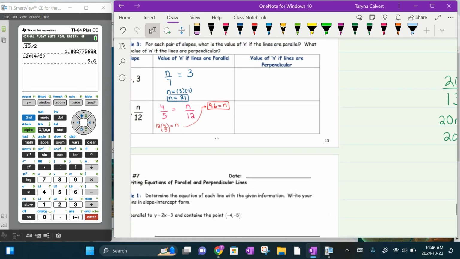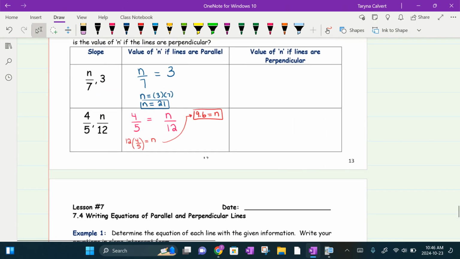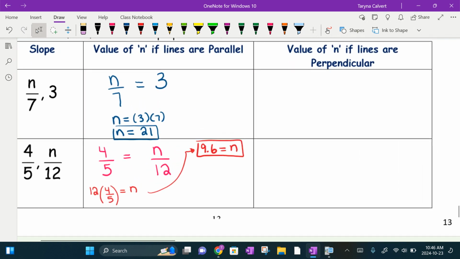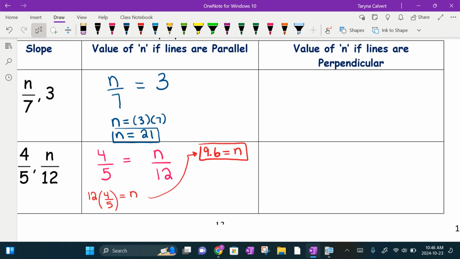All right, so now perpendicular, okay? So we have two slopes. So there's two different ways you guys can do this, okay? Which way is coming to you that you should be doing it? So negative n over 7 equals 3? What are you not doing?